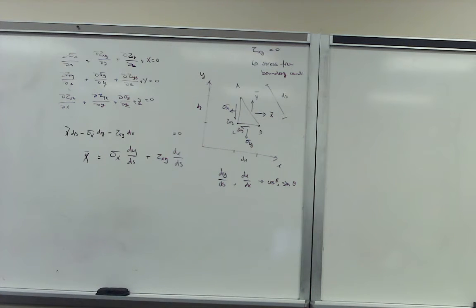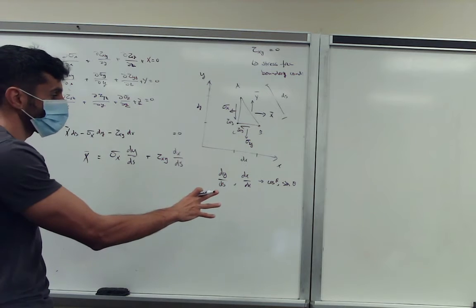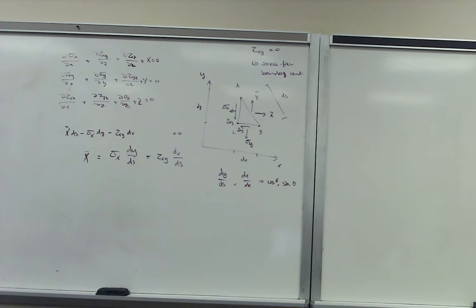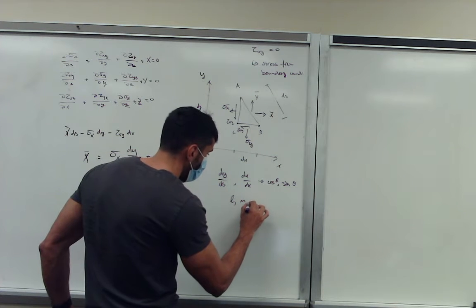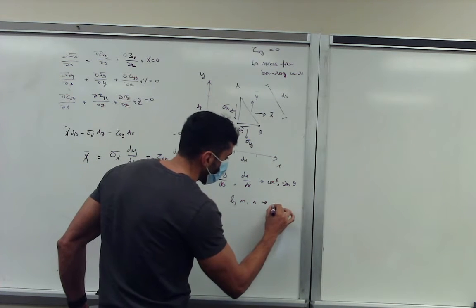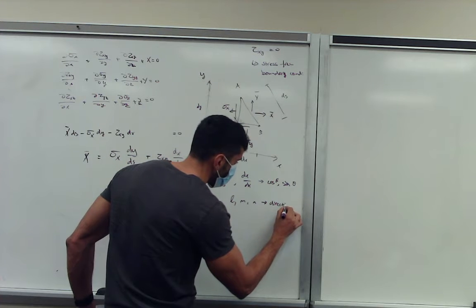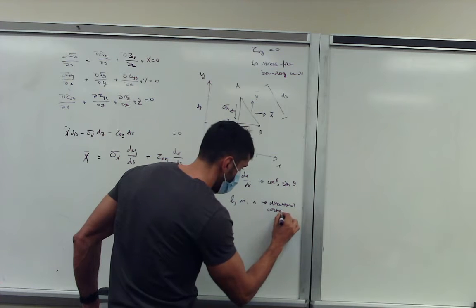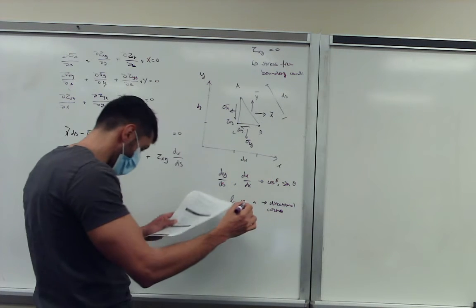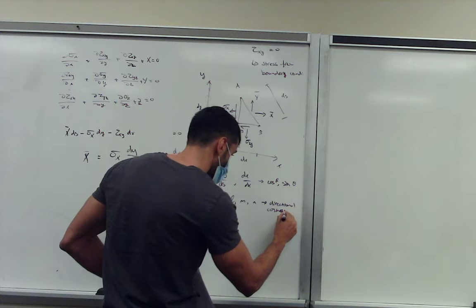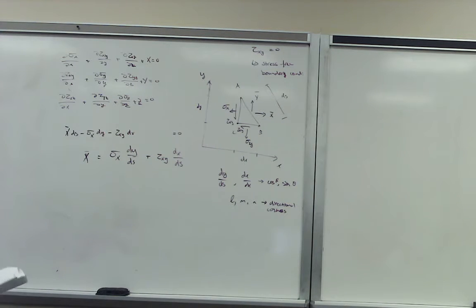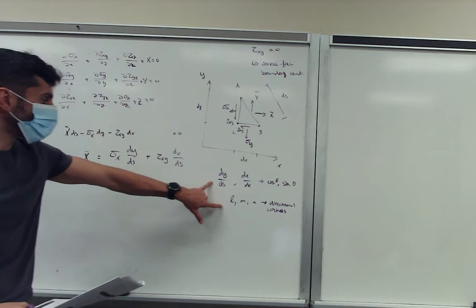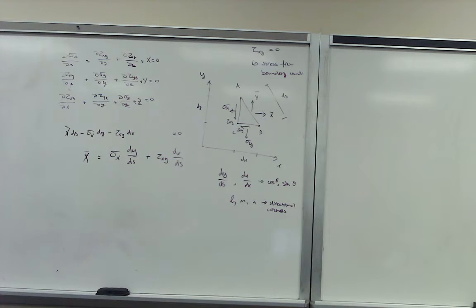And instead of working with cosine and sine theta, we can work with L, M, and N, indicating that L, M, and N are directional cosines. This might seem a bit confusing, but it's done to make it easier on ourselves, because we're going to do a lot of coordinate transformations.